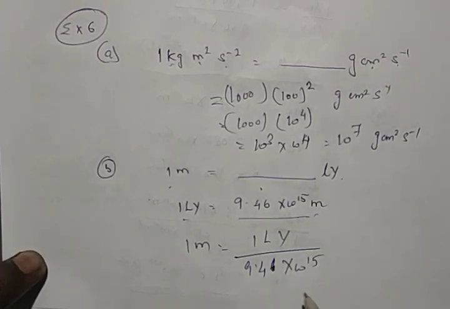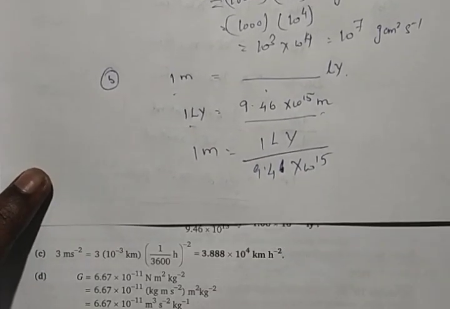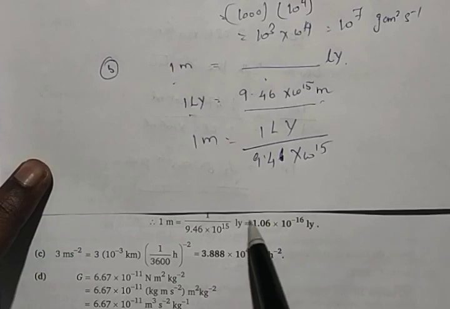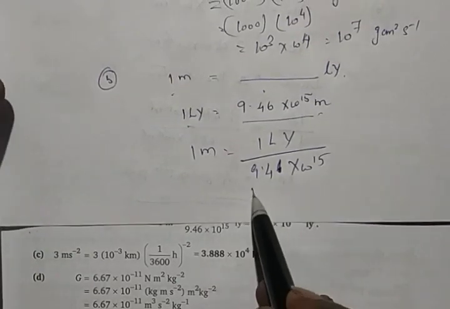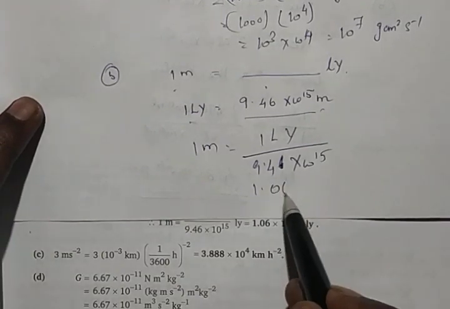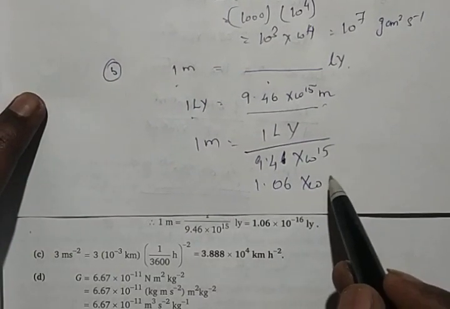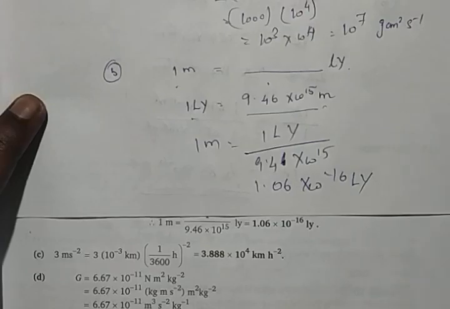That's going to be the value here. When you do the conversion, you will be able to get the answer. So the answer you will get is 1.06 into 10 to the power of minus 16 light years.